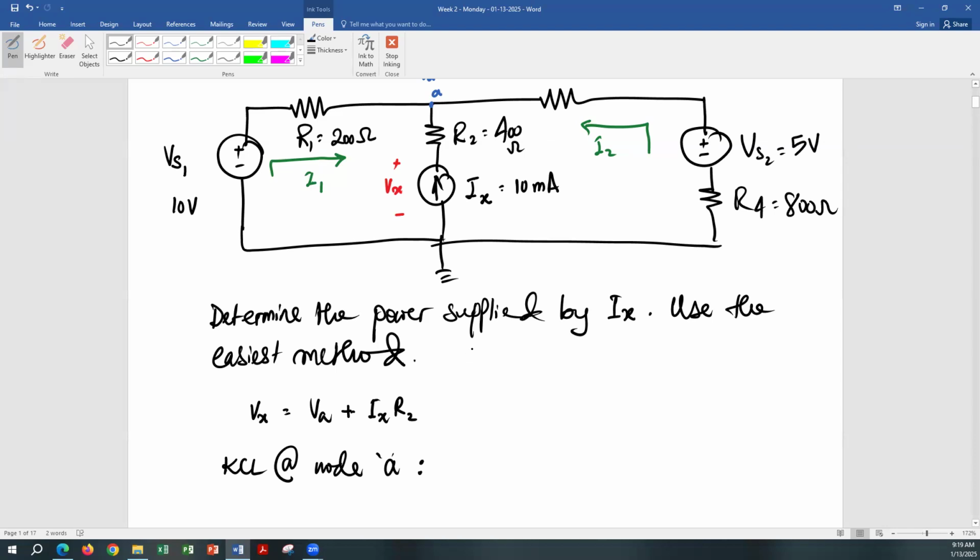The directions are totally random, but once you choose the direction, stick with it and write the equation accordingly. So in this case, I1 plus I2 plus Ix, all three going towards the node, is equal to 0. No current is going away.